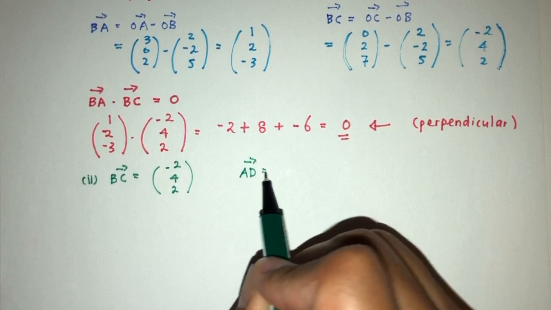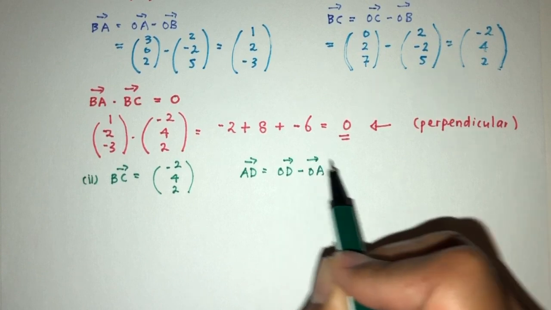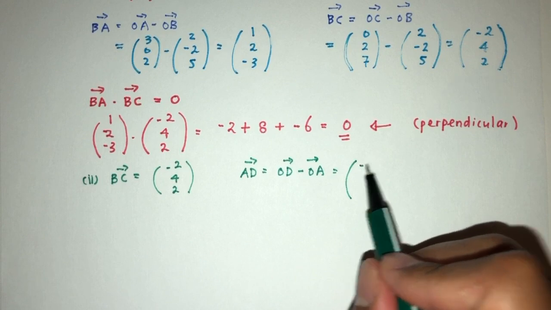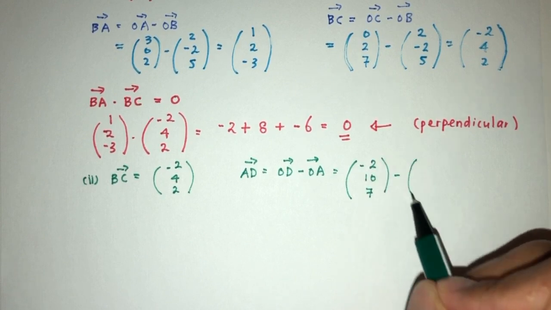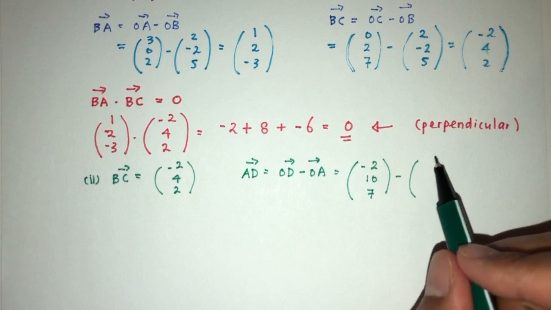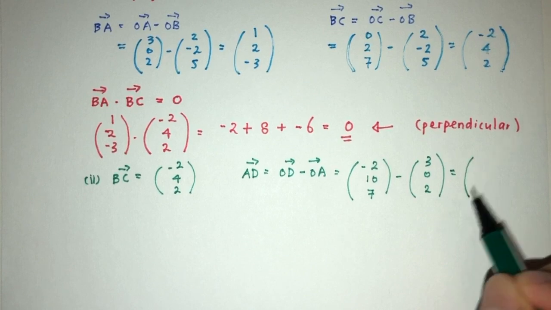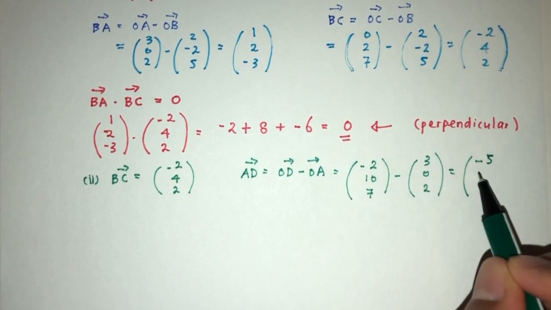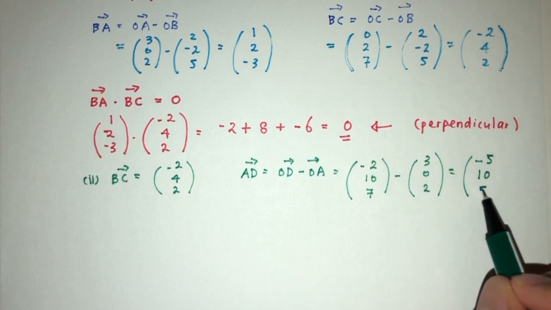It will be OD minus OA. OD was given by minus 2, 10, and 7, minus OA, which is 3, 0, 2. That will be minus 2 minus 3, which is minus 5, 10 minus 0 is 10, and 7 minus 2 is 5.